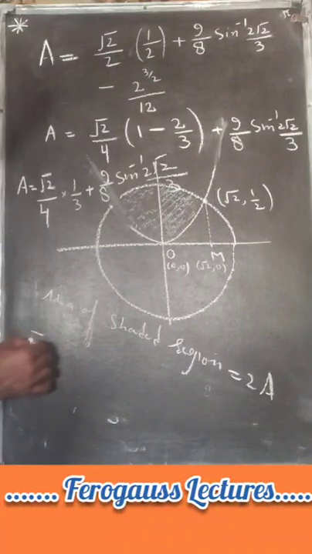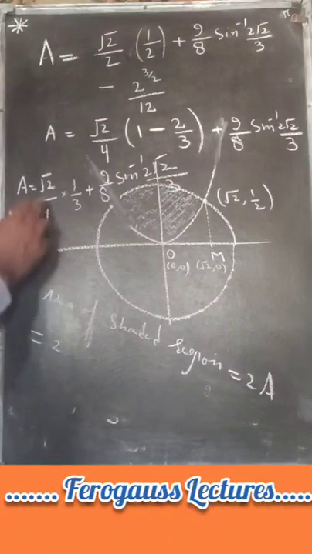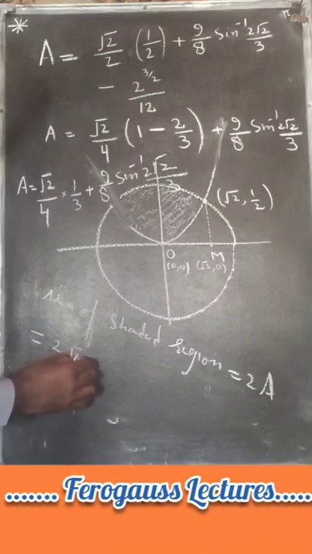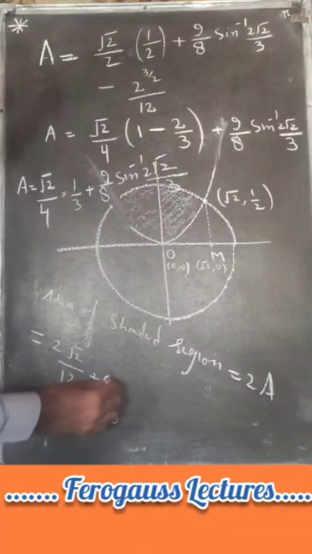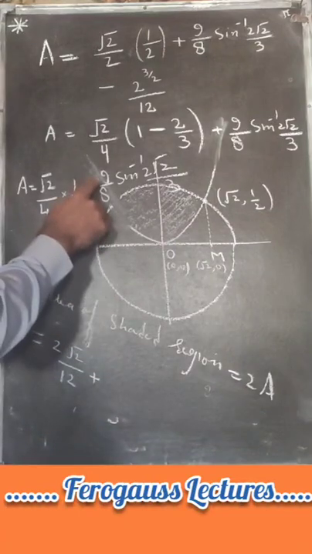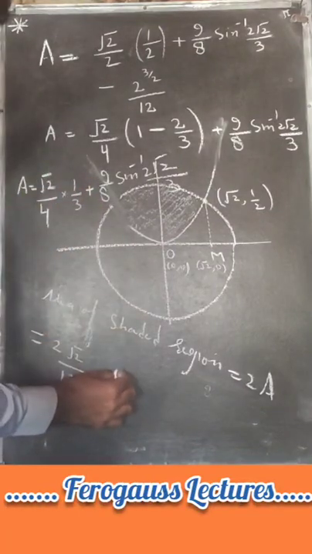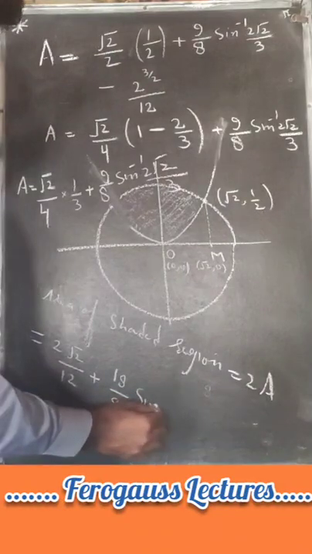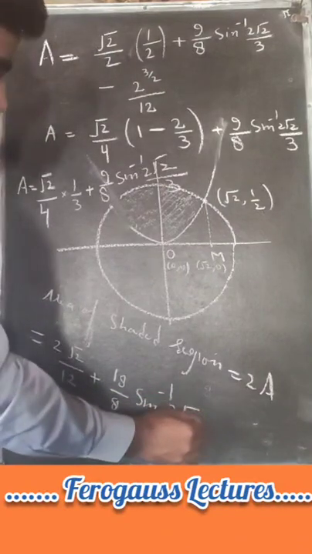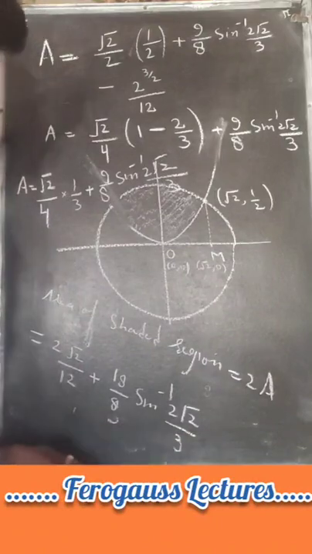So that is equal to twice root 2 divided by 4 into 3, that's 12, plus 9 into 2, that is 18, divided by 8, sine inverse 2 root 2 divided by 3.